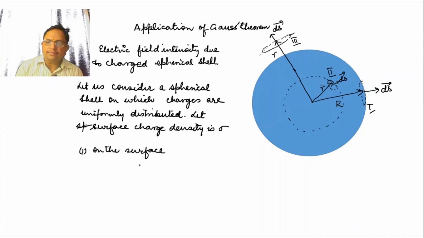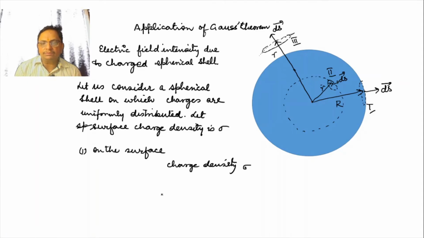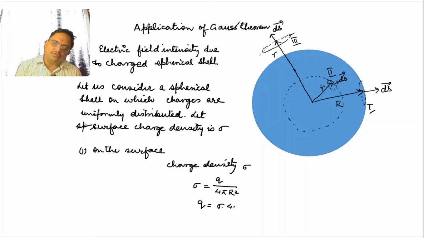Now you see, charge density is sigma. So sigma is equal to Q over 4 pi r square, and from this we have Q is equal to sigma into 4 pi r square.